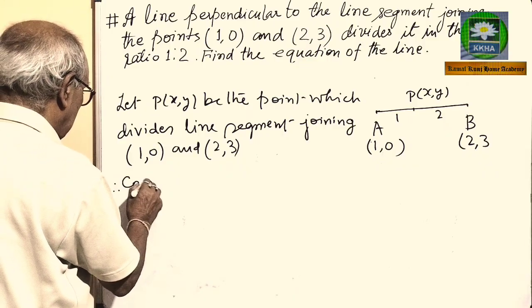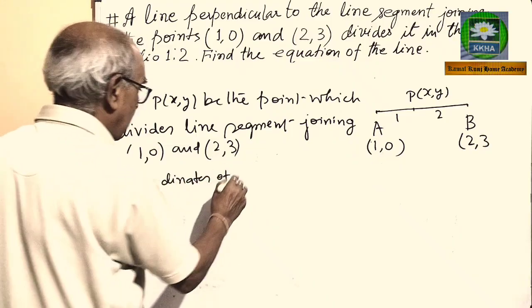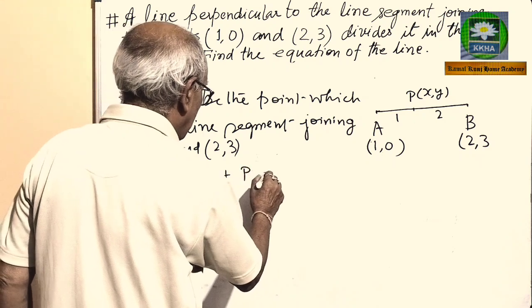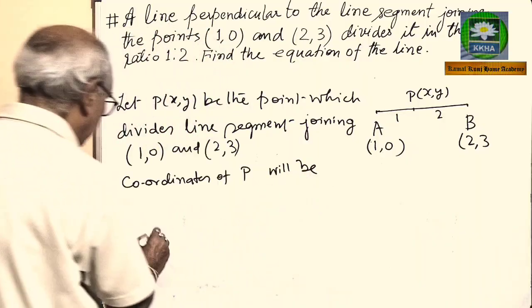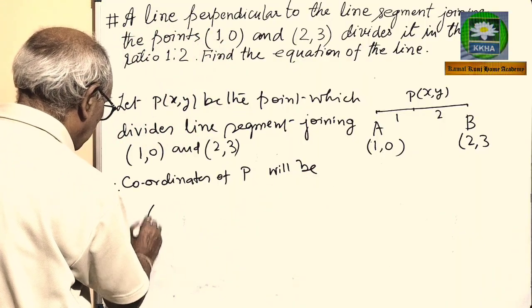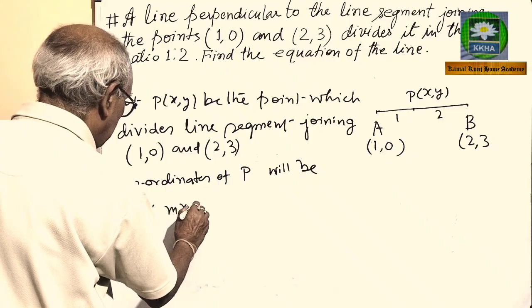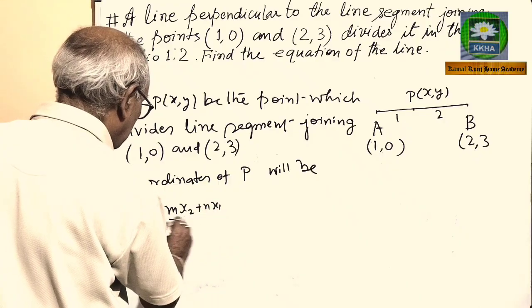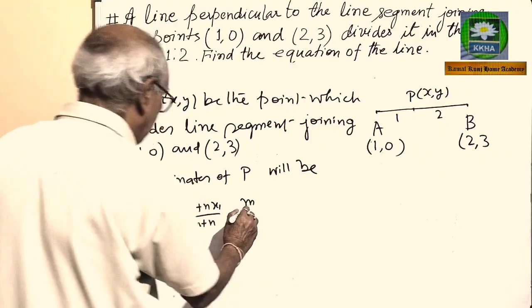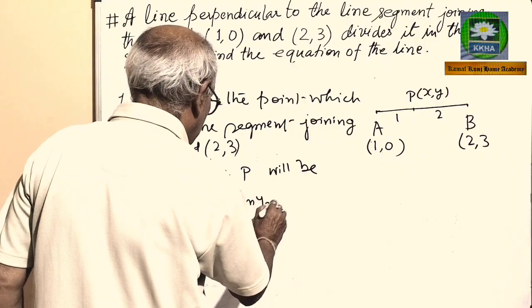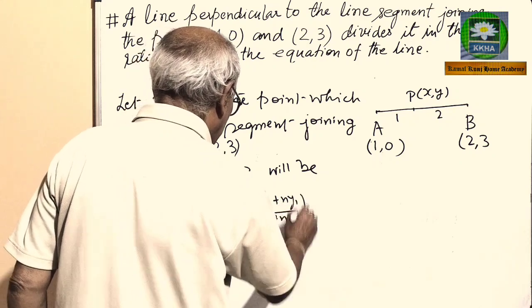Therefore, the coordinates of P will be (m x2 plus n x1) divided by (m plus n), and (m y2 plus n y1) divided by (m plus n).